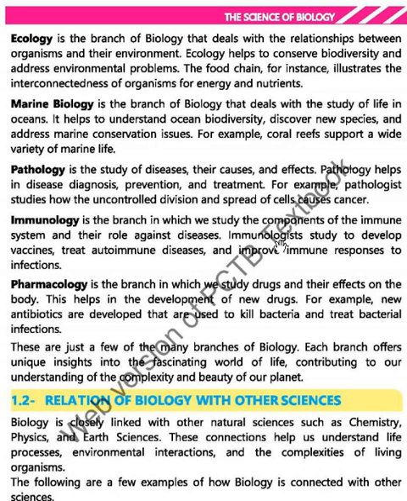Immunologists study to develop vaccines, treat autoimmune diseases in which the body's immune system attacks its own healthy cells by mistake instead of fighting germs, and improve immune response to infections.